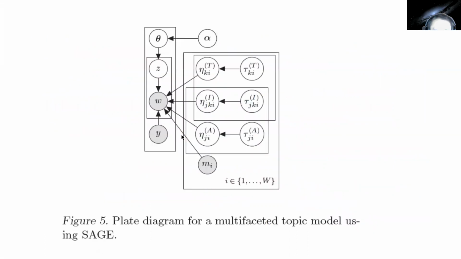Okay, this is the plate diagram for this multifaceted topic model used in SAGE. To just briefly explain this plate: at first, alpha is the concentration parameter for the Dirichlet distribution. Based on the density of that distribution, we can obtain a weight vector, right?